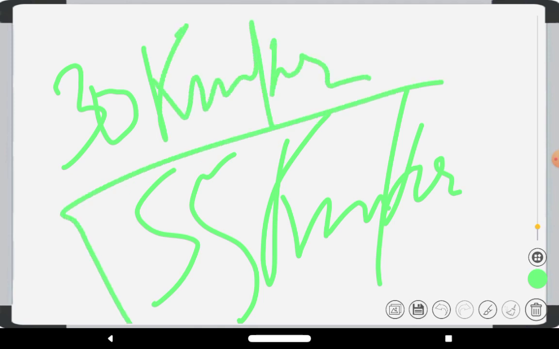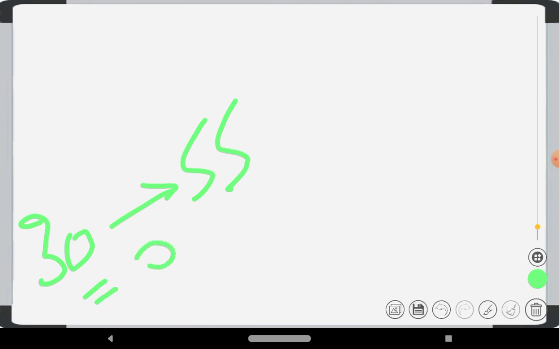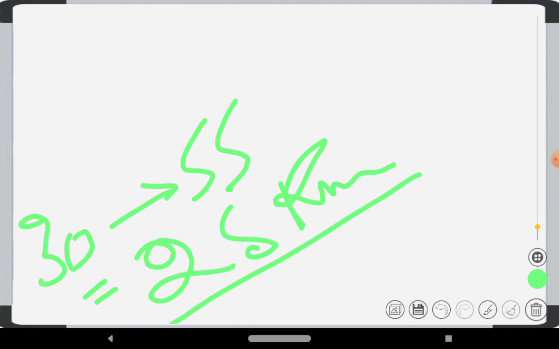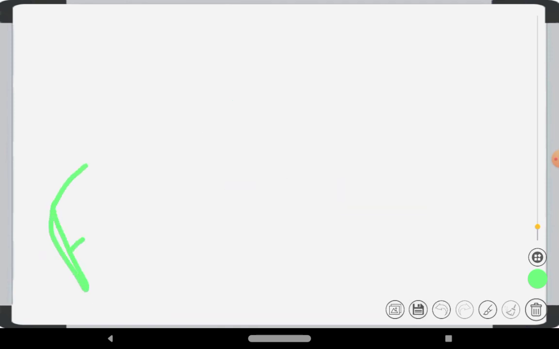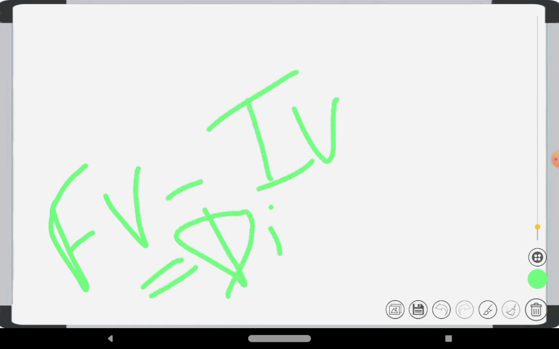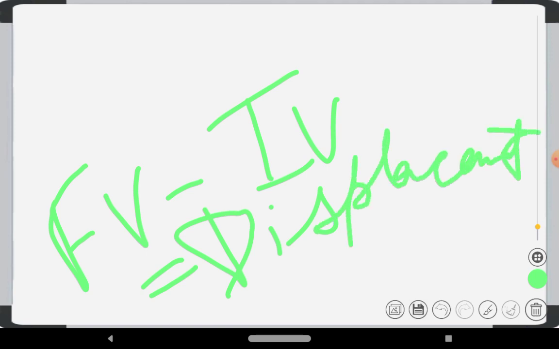That was our initial velocity and this is our final velocity. So from 30 kilometers to 55 kilometers, it is simple. Then 25 kilometers will be the acceleration, because final velocity minus initial velocity gives the change, and we can divide it by the time.